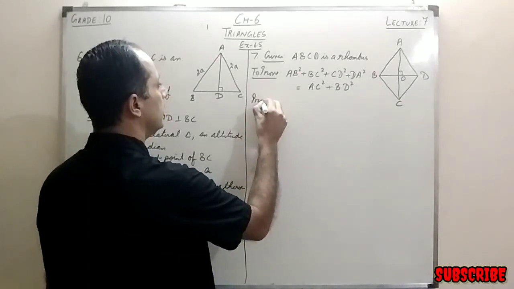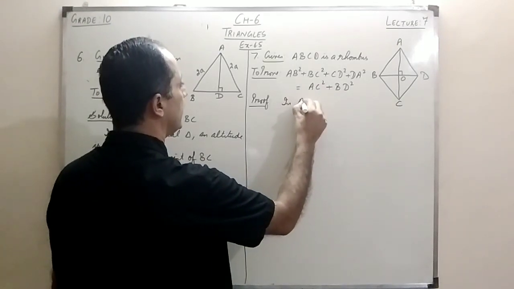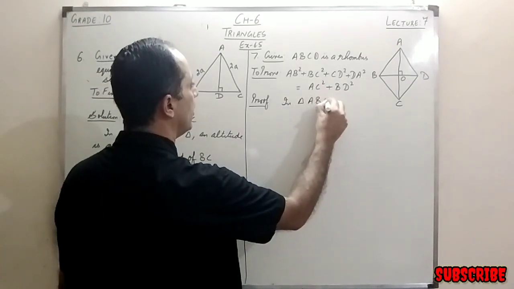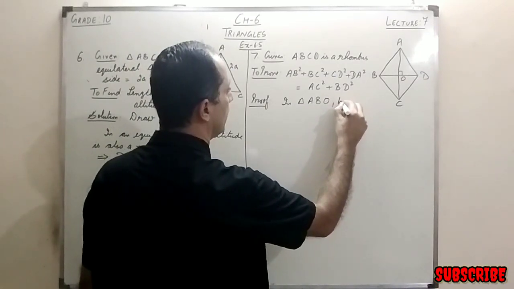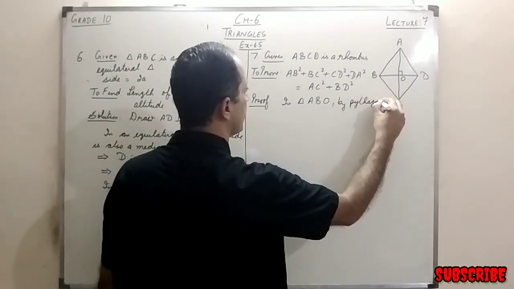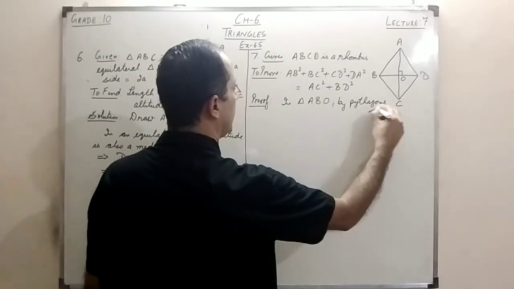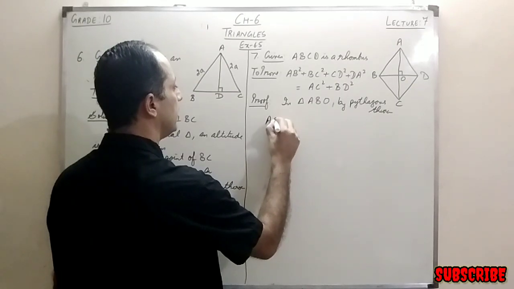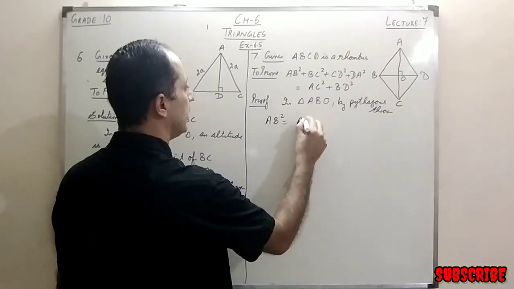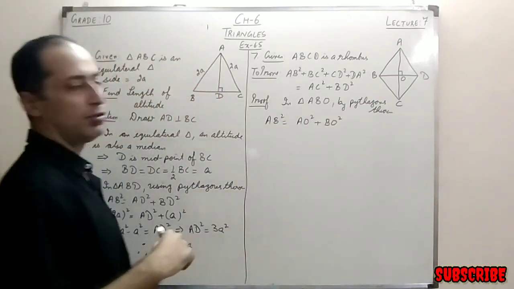So how can we prove it? Quite simple, just apply Pythagoras theorem. In triangle ABO, by Pythagoras theorem, we can write AB square is equal to AO square plus BO square.